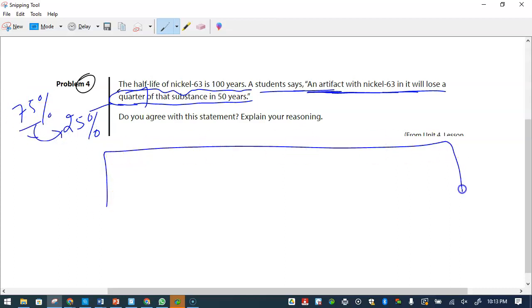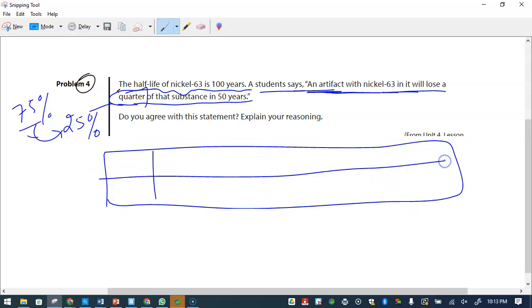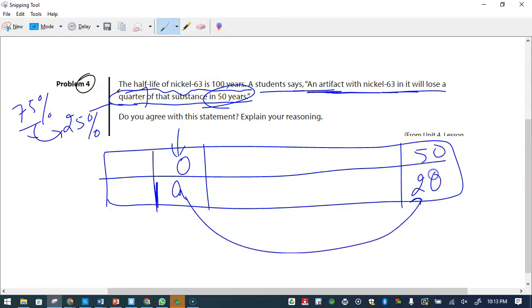So if I make a table like this, and in the beginning, let's say whatever that is, half-life, what is the meaning of that? It means whatever the amount in the beginning, whenever it was noticed, they didn't give me a value, so I put A here. And after 50 years, this becomes half of that.